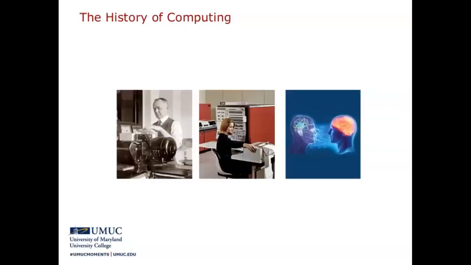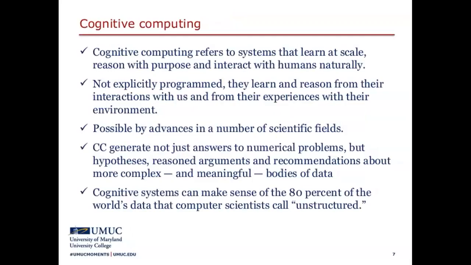Cognitive computing, for instance, communicates with us in natural language. That's why natural language processing is part of the cognitive computer. It's not programmed like we mentioned. Cognitive computing has to learn like we humans learn.